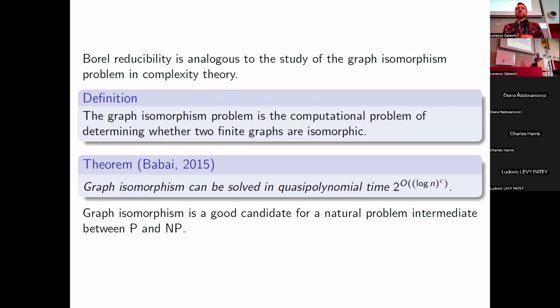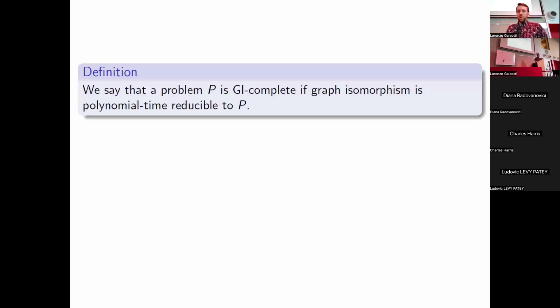But in complexity theory, you always have to say that if certain assumptions are true, then this might be true. We say that a problem is GI complete, graph isomorphism complete, if graph isomorphism is polynomial time reducible to that problem. This is some kind of completeness notion that is maybe between being polynomial and being NP complete.